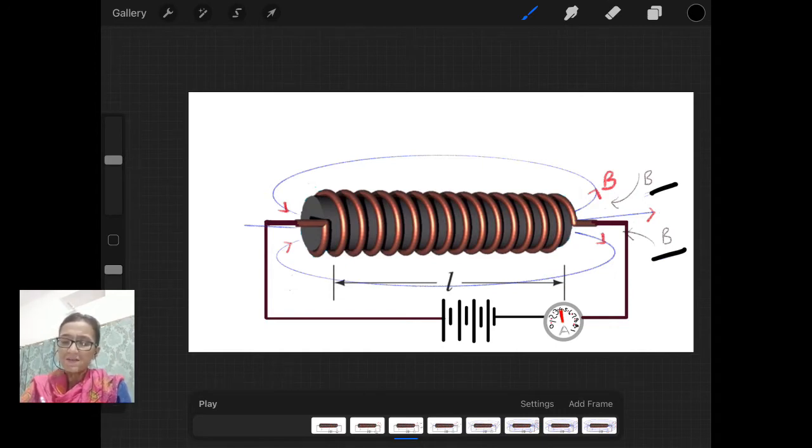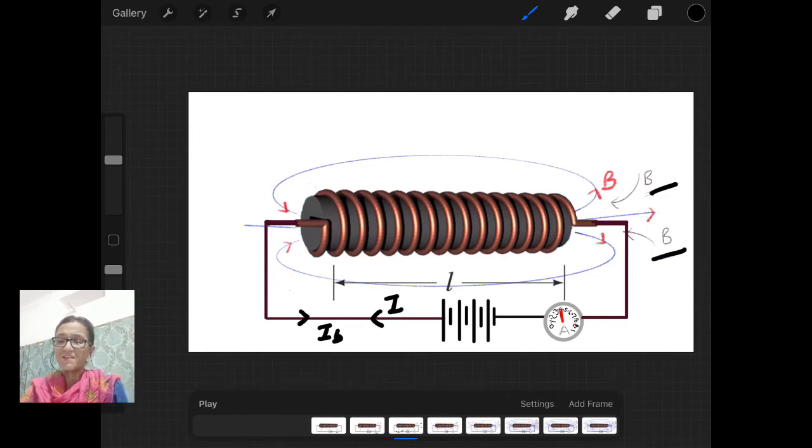So a current which was previously in this direction, now a new current just opposite to that is called back EMF, back current. This will oppose the current only while there is a change in current. Once the current reaches its maximum value and stabilizes, this back EMF also vanishes.